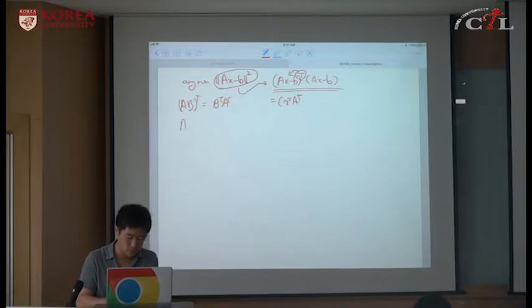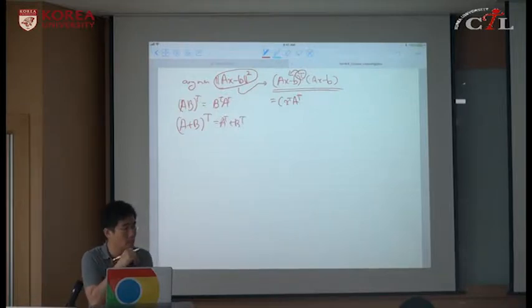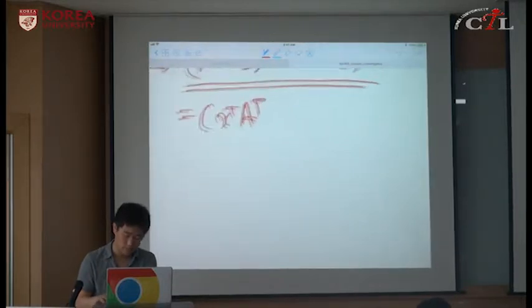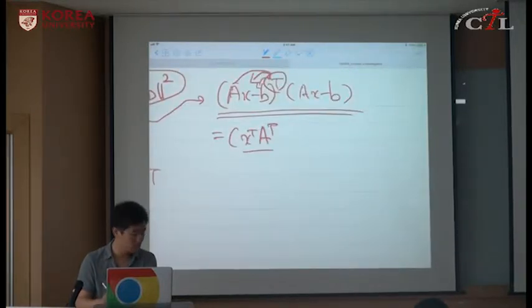And what about this? It will be A transpose and B transpose, so the plus sign doesn't get affected by the transpose and can be distributed in a normal manner. The first one will be transposed as this part, and then B transpose, and then (Ax minus b).